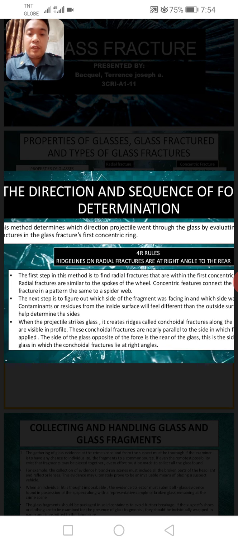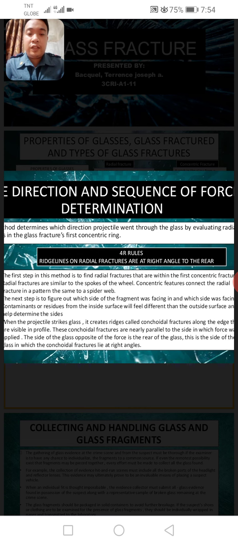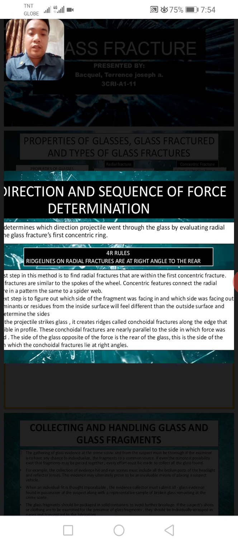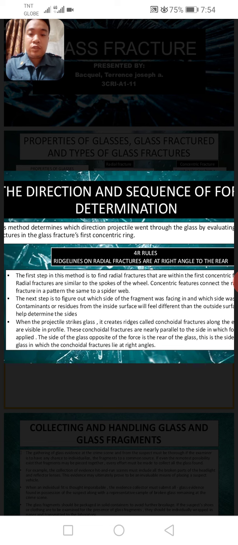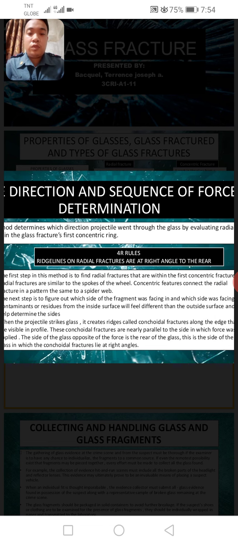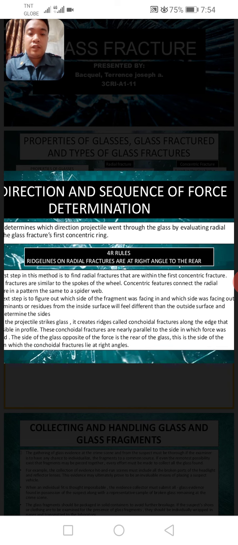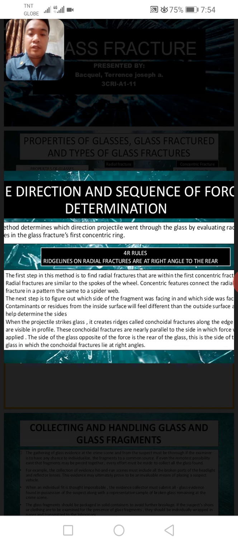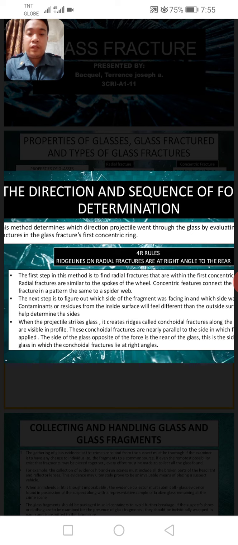The first step in this method is to find radial fractures that are within the first concentric fracture. Radial fractures are similar to the spokes of a wheel. Concentric fractures connect the radial fractures in a pattern similar to a spider web.